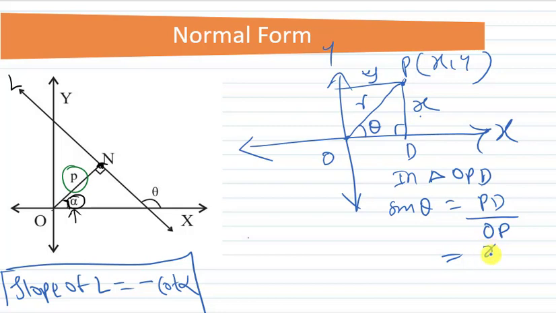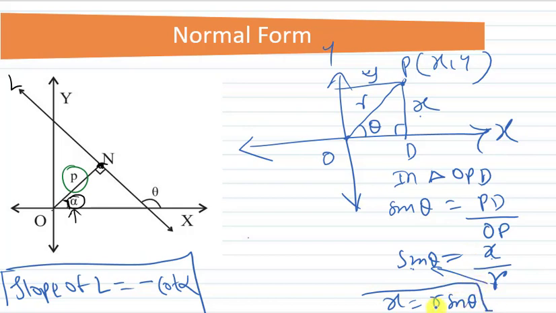Here PD is x, OP is my length r. So x equals r sin theta. Just multiply r to the left-hand side, you will get x equals r sin theta. That means I can write x as r sin theta.